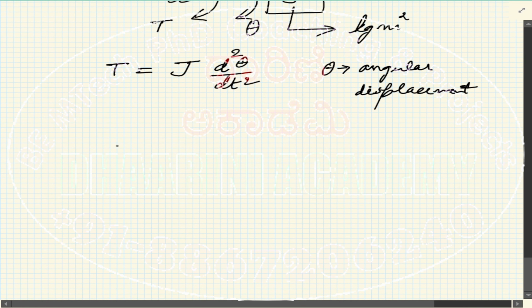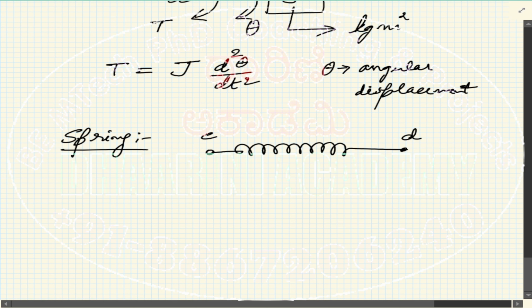The second one is another spring coming into the picture, but this spring responds to the torque instead of the force. We represent the spring in a very similar fashion, maybe with ends C and D. What is the input?